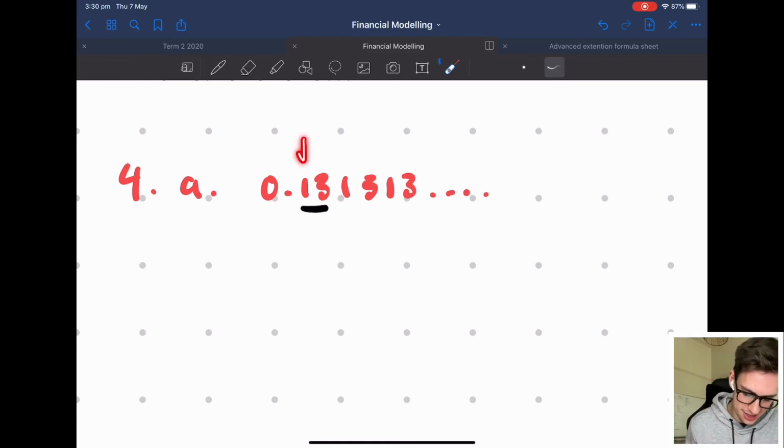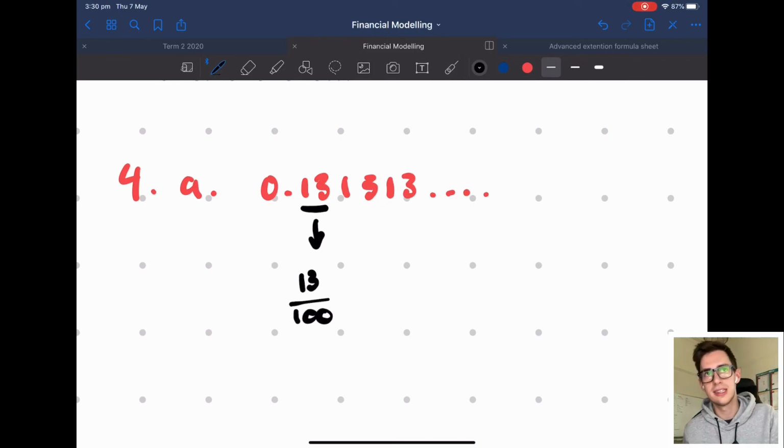We know that this is a tenth. This is a hundredth, a thousandth, and so on. So this point here is a hundredth, with th on the end. So this is actually 13 hundredths.